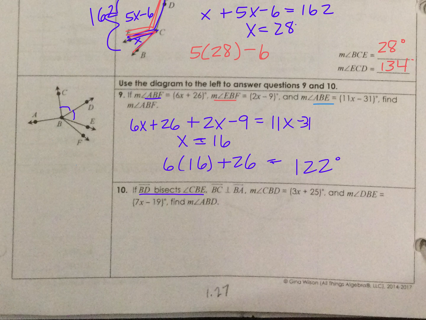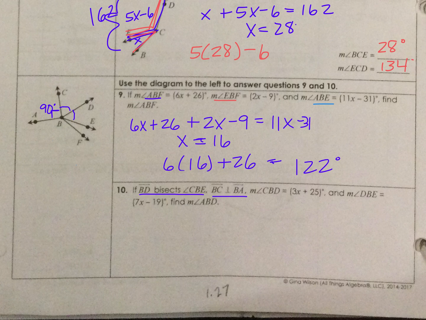BC is perpendicular to AB. So these guys are perpendicular, which means they are 90 degrees. I don't know what the arch ones are, but I know they're the same. I know these are 90.